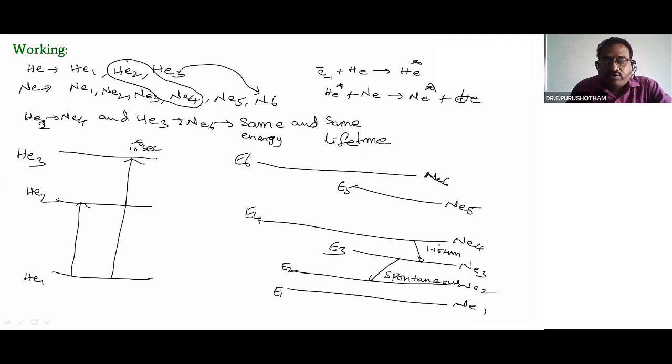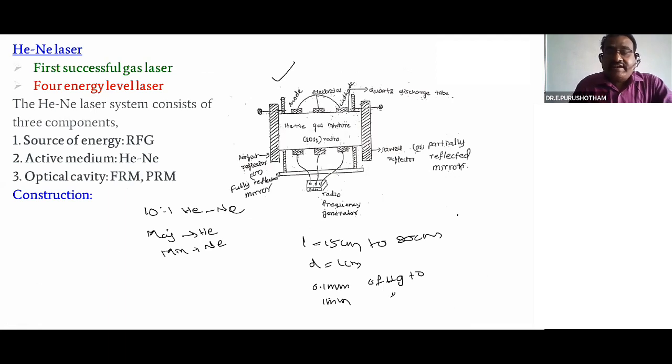Also atoms jump from Ne6 to Ne5. It emits radiation of 3.39 micrometers. But Ne6 to Ne4 is 6,328 angstroms radiation.